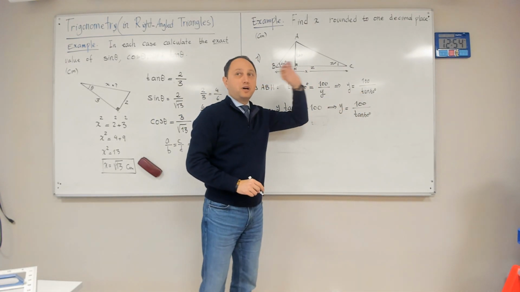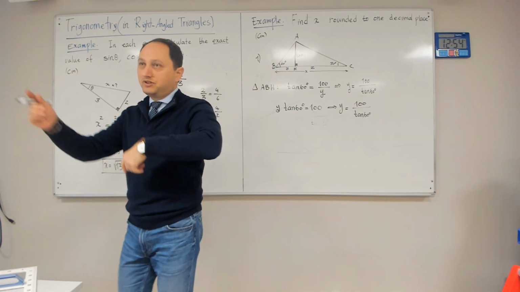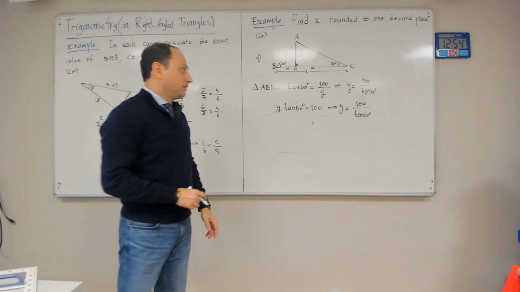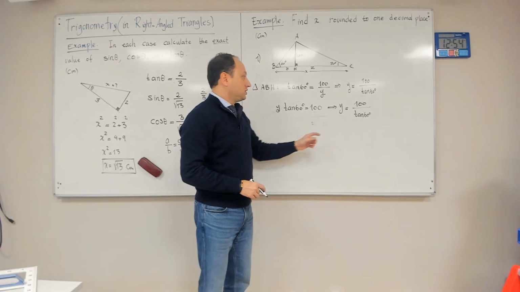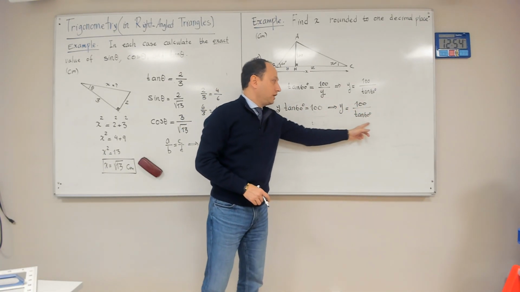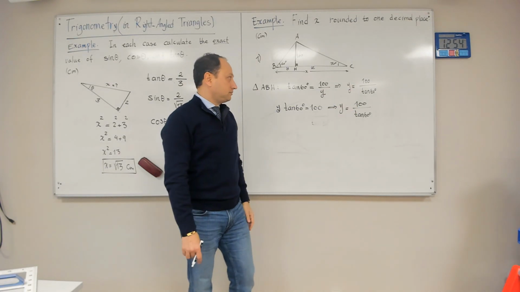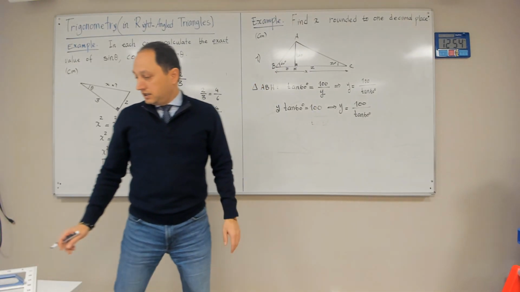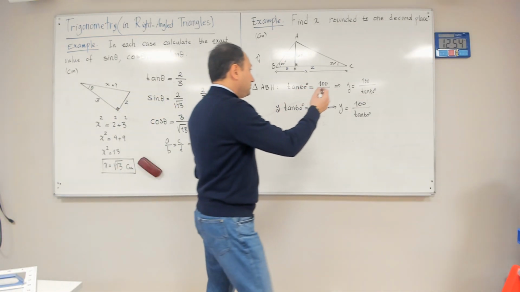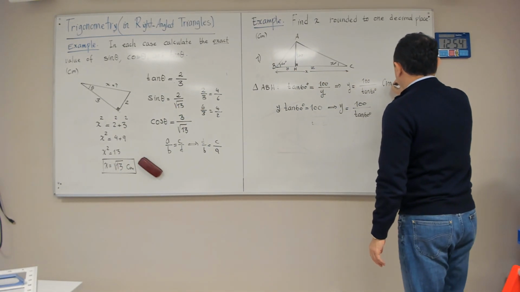You can just use it. But be careful. I have seen many people just want to do this randomly, that they will lose the points for nothing. So this is the proper way of doing that. This is a quick way of doing that. Okay, anyway. So whatever you do, this is your y in centimeters.